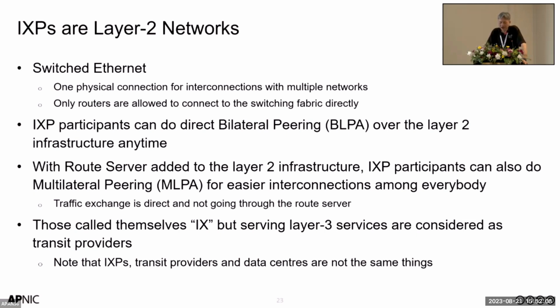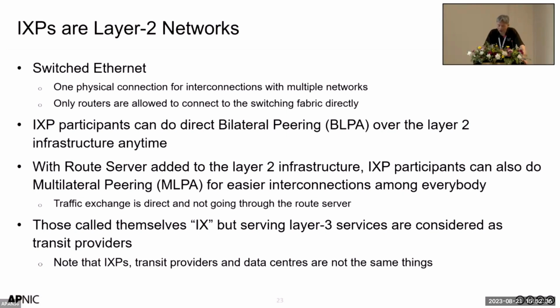And it's very attractive to participants, especially if you have a lot of networks connected already, because people can use just one physical network to interconnect to many, many networks. But please keep in mind, this is a layer 2 network, one broadcast domain, and you should only allow routers to connect to the network.